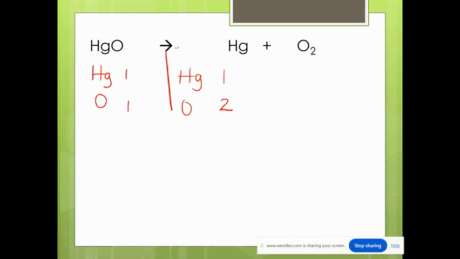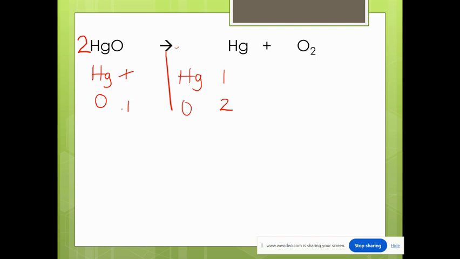Okay, so I'm going to double this guy, but I do not do this. Okay, I cannot squeeze that coefficient in here. No, no, no, no, jumping up and down, screaming. Okay, that coefficient has to go out in front of that entire molecule, or formula unit in this case. But that's not only going to affect my oxygen, it's also going to affect my mercury.